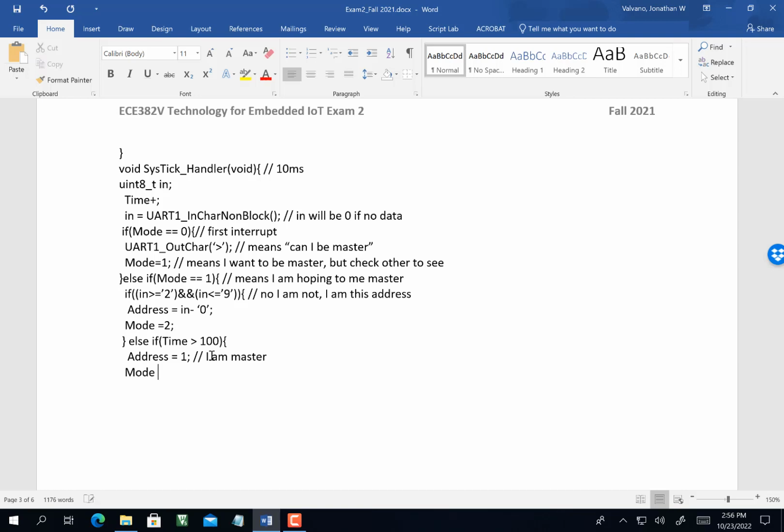So mode equals 2 means I've resolved my address. My address is correct. And count is going to equal 1. So for the next 9, 7, 8 nodes who come online, I'm going to give them an address based on this code.